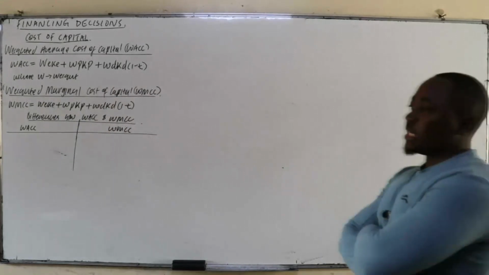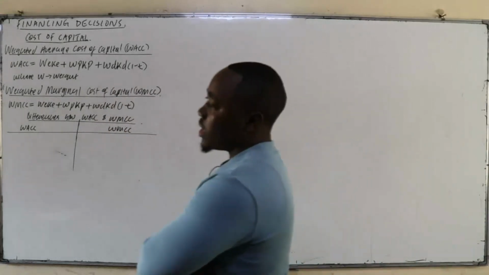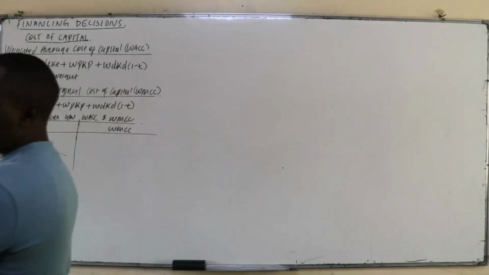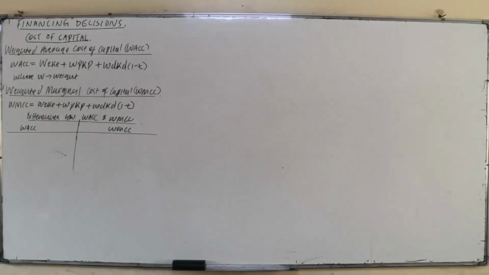Another difference: WACC does not consider the cost of retained earnings. On the other side, it considers the cost of retained earnings.